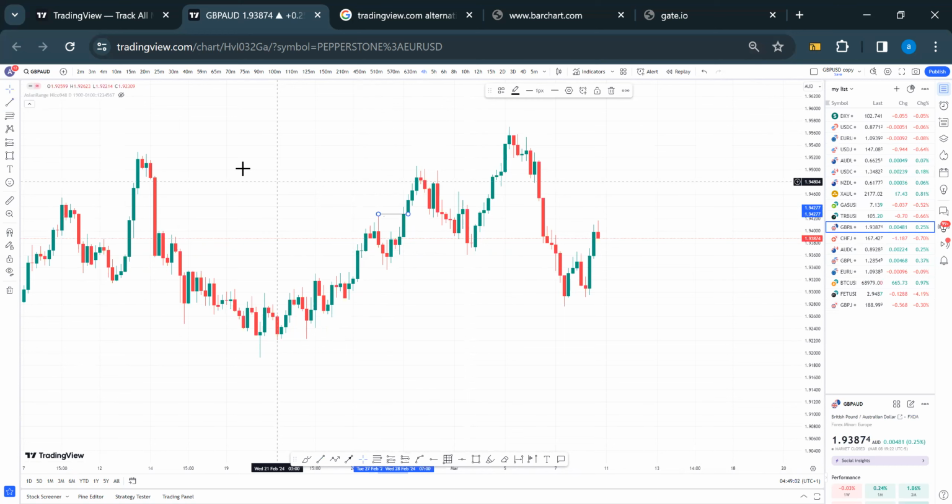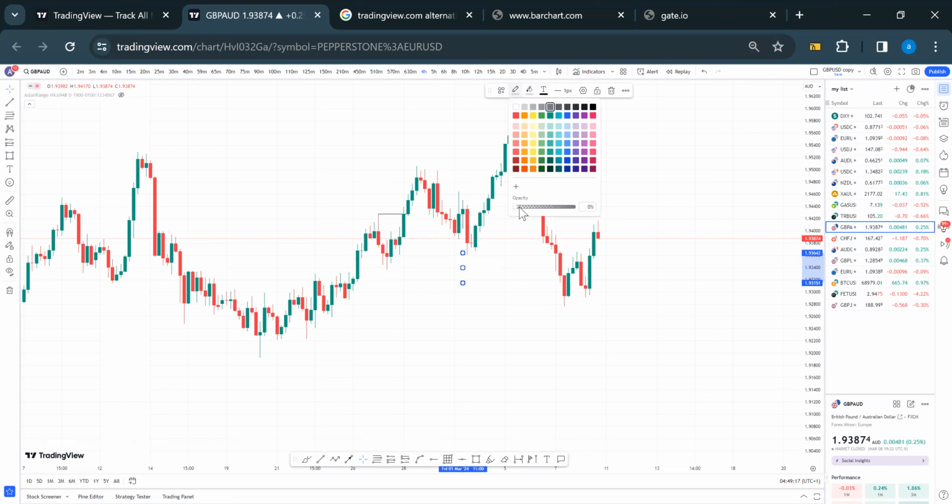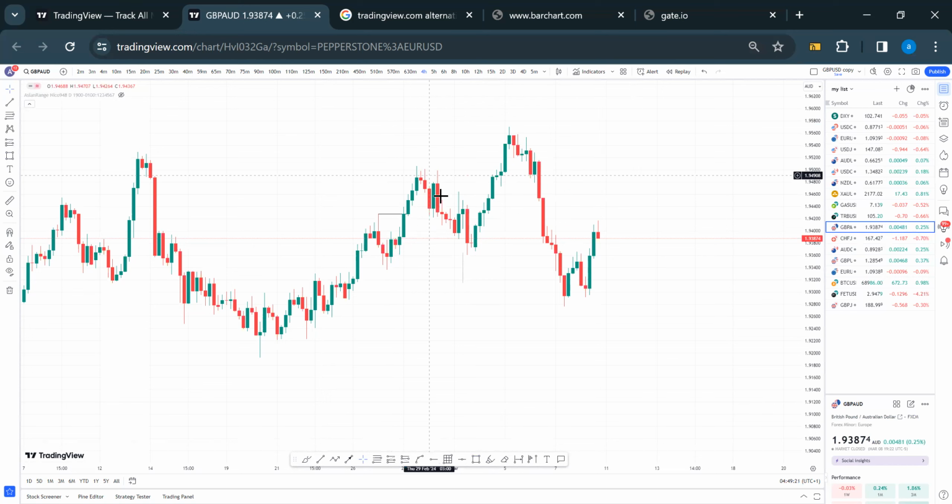So because of that break of structure, we have our demand zone, which is going to be this. So that's going to be our demand zone. We had a break of structure from here. So that's how many days later.